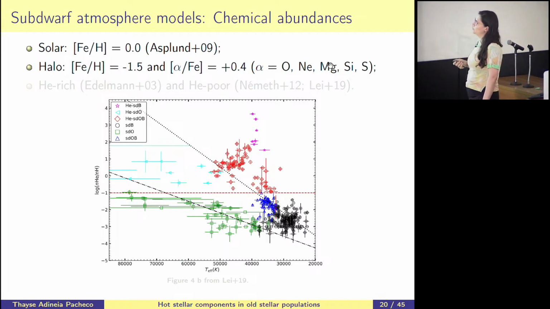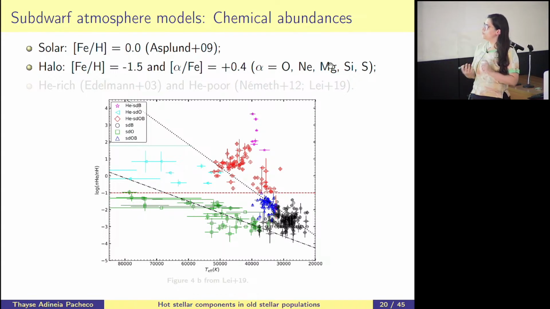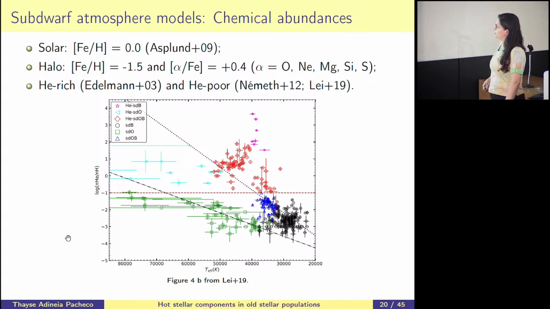Now talking about the chemical abundances, we have two chemical abundances, solar and halo representative abundance, with two additional helium abundances. Here I'm showing a figure from Lei et al. 2019, where we can see helium abundance as a function of effective temperature.